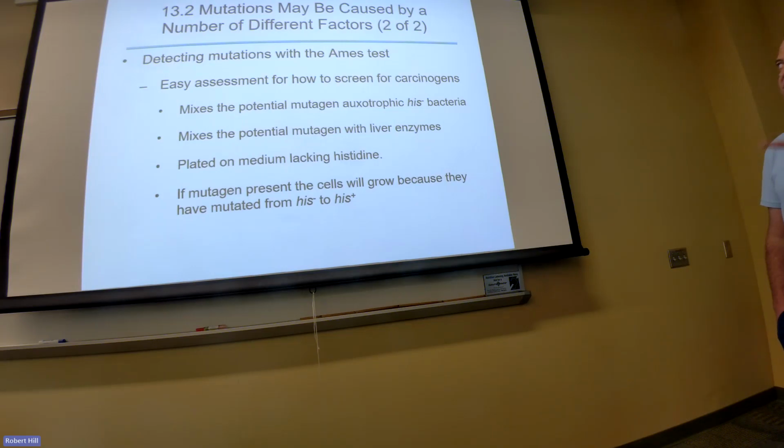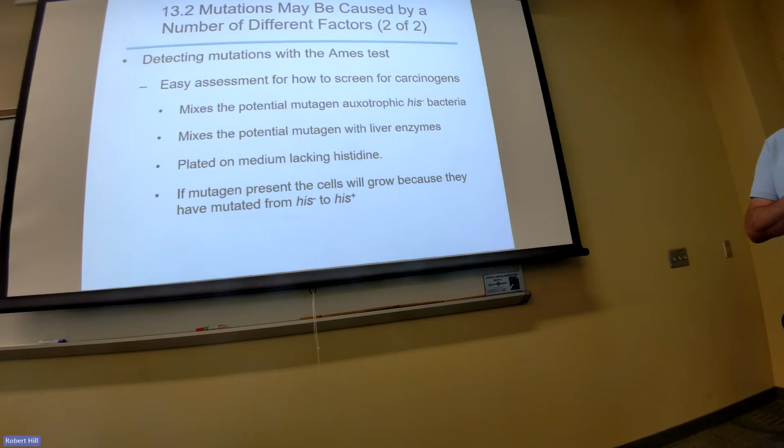So it's a test that you do on bacteria. You use these auxotrophic histidine-lacking bacteria. These bacteria lack the ability to make the essential amino acid histidine. You take whatever chemical you're testing. The liver enzymes are going to metabolize the chemical and produce what is actually present in the body that could be the carcinogen.